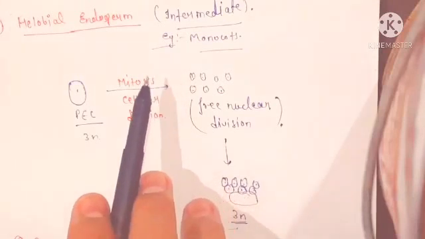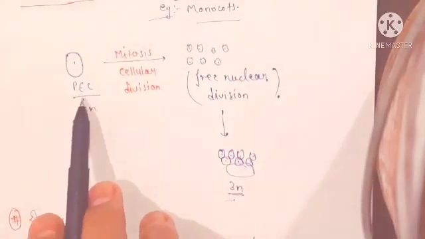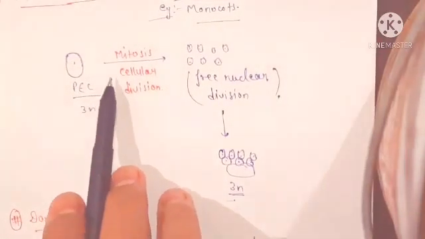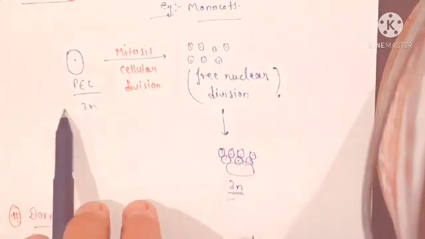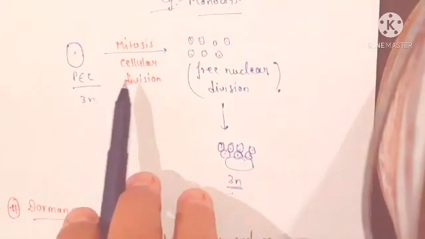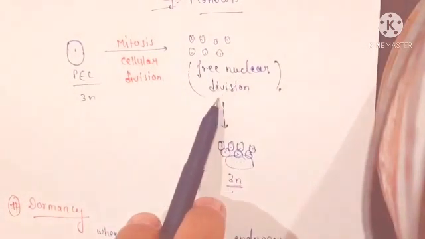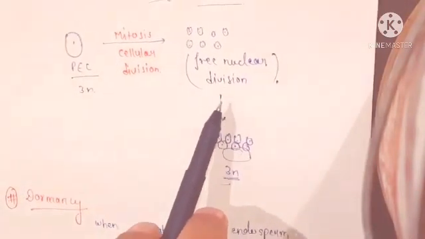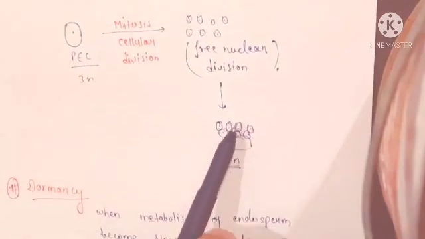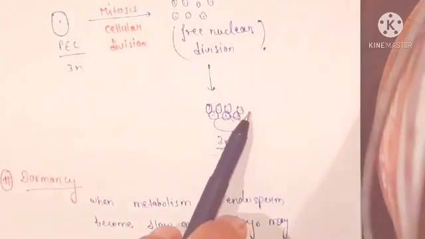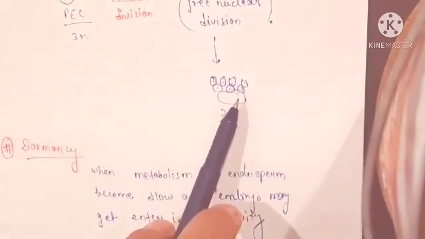Helobial endosperm is formed when in the primary endosperm cell, mitosis and cellular division take place. So there is formation of free nuclear division. After that there is development and again formation of cells, that is called helobial endosperm.